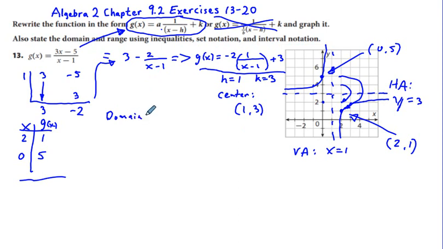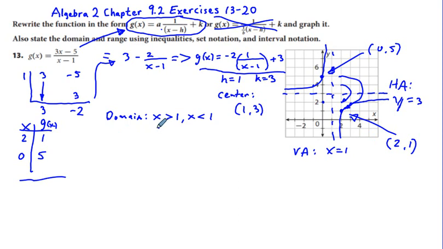and we're going to use the three different types of notation. Inequality notation: we have x is greater than the value of our vertical asymptote, 1, and x is less than 1.